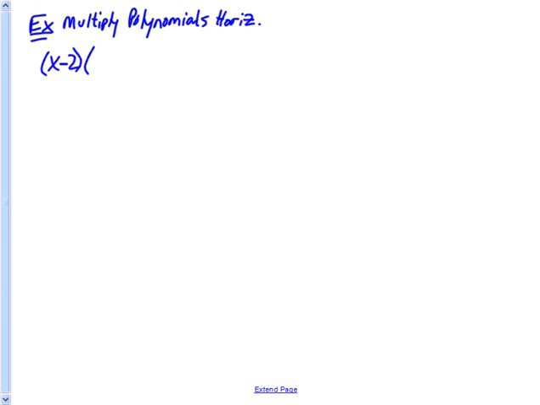So we got this binomial times the trinomial 3x squared minus x plus 5. So that quadratic right there with 3 terms. Okay, so first thing we want to do is we want to take this x and we got to multiply it by each of these. Okay? And then we're going to take that negative 2, that minus 2, and we're going to multiply it by each of these.